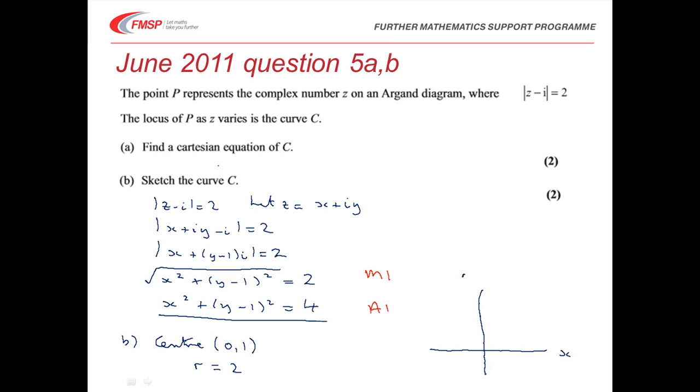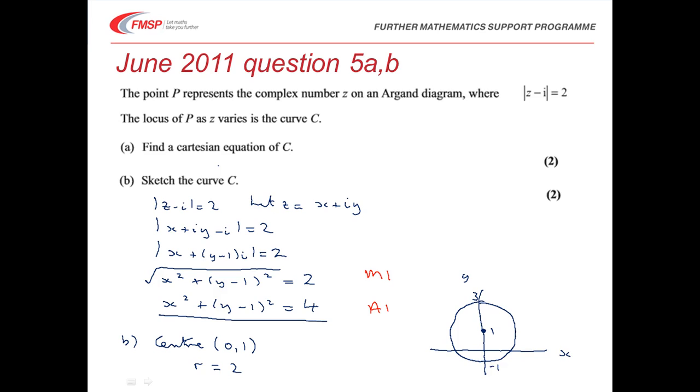So we've got x, y, then we have a circle centered at the point (0, 1). The radius is 2, so the y-intercept needs to be 1 plus 2, which gets me to 3, and 1 take away 2, which gets me to minus 1.